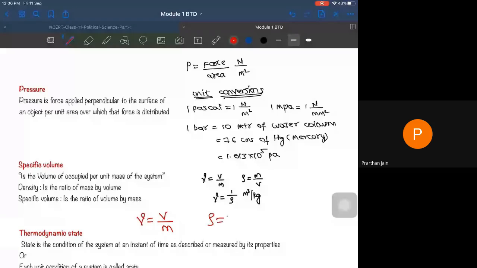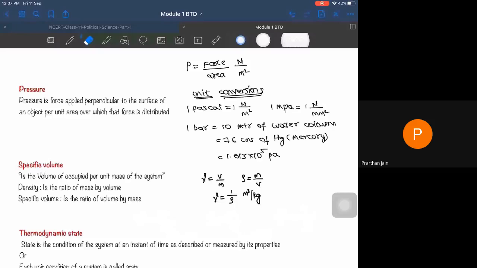So if you observe equation 1 and equation 2, definitely specific volume is the reciprocal of density. Correct? Already I have written that here, so you can take that. Complete the notes up till here. Just 2 definitions and 3 equations.